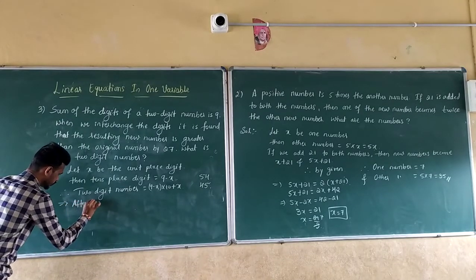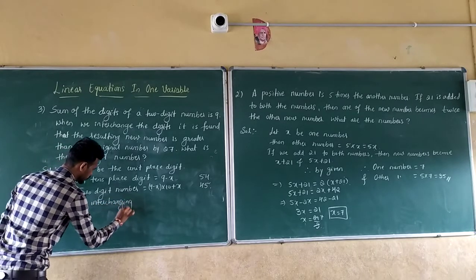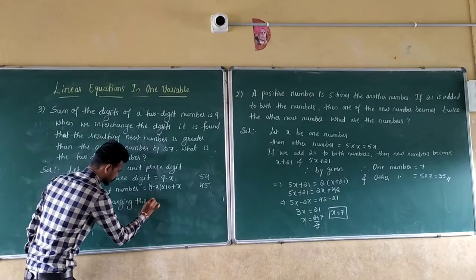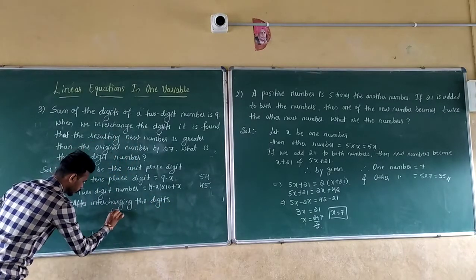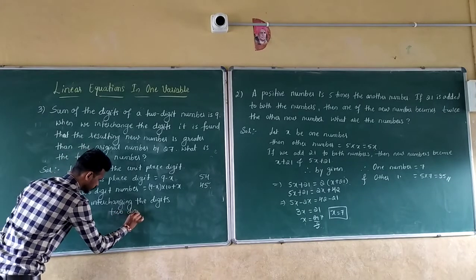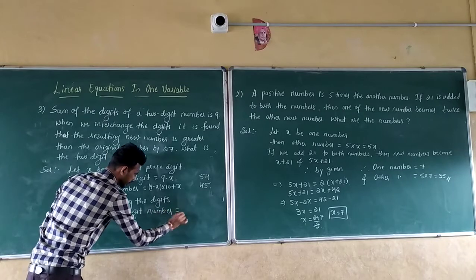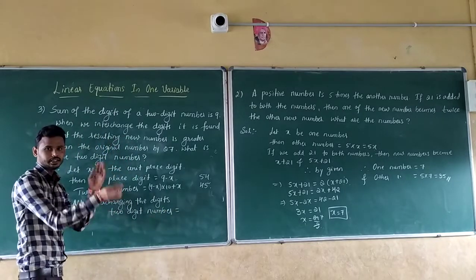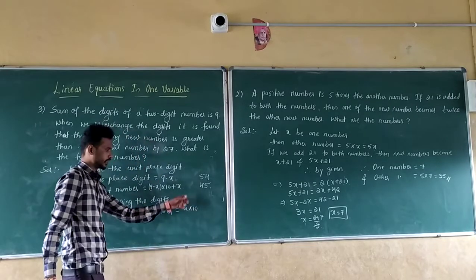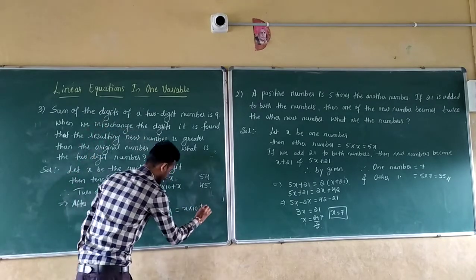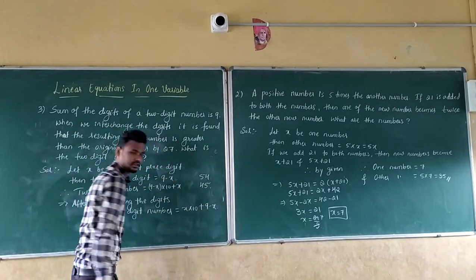After interchanging the digits, the two-digit number is equal to, just interchange the digits: x into 10, unit place as tens place, plus tens place as unit place, that is 9 minus x.